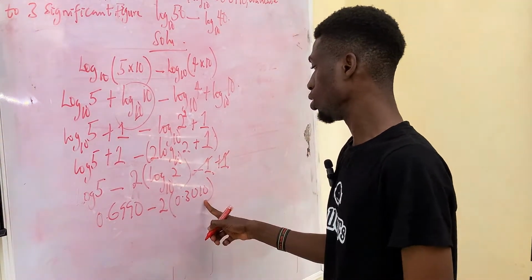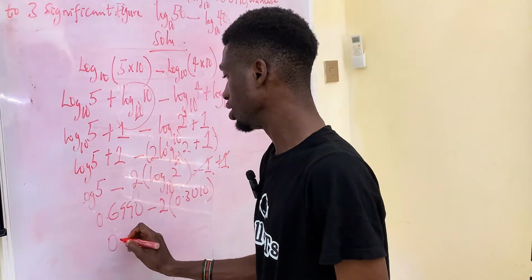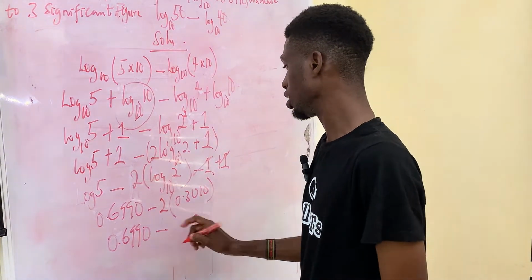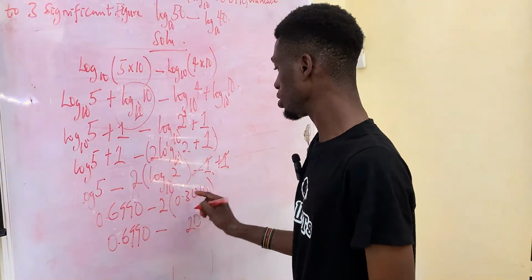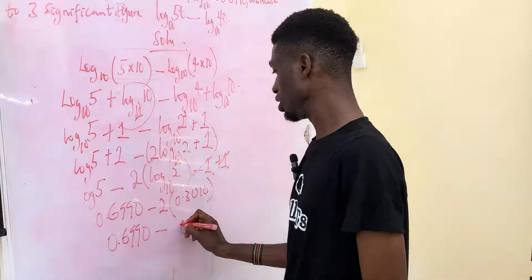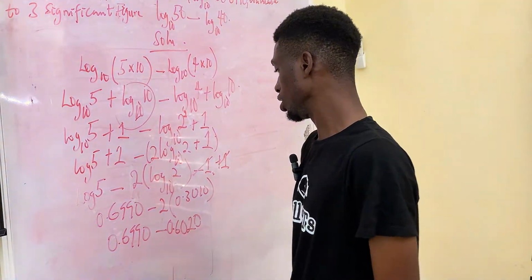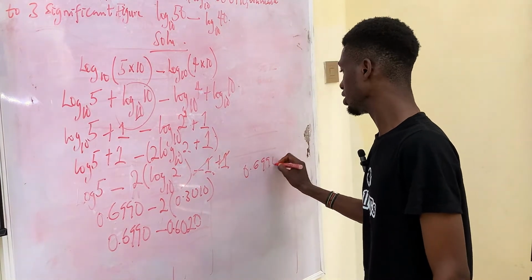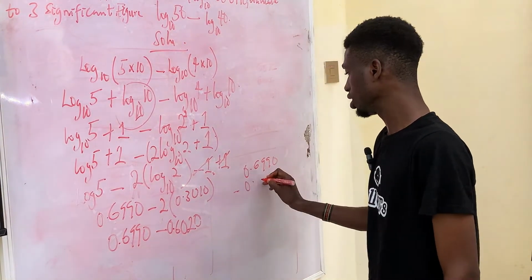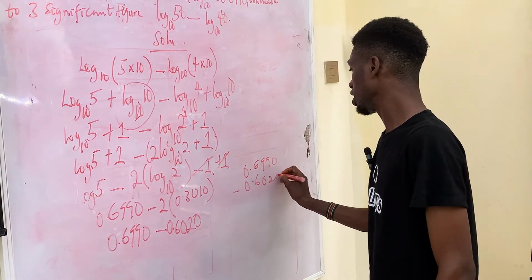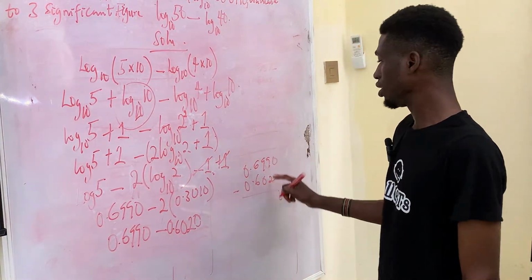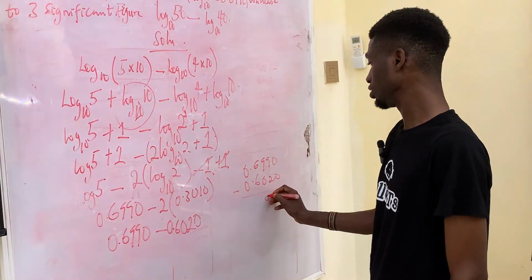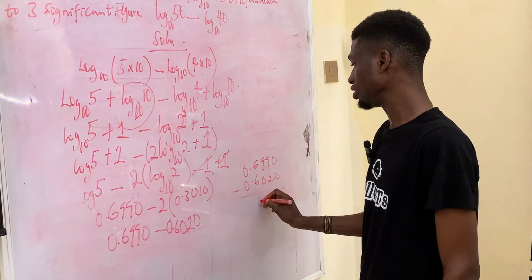So 2 is going to open this bracket, so I have 0.6990 minus 2 times 0.3010, which is 0.6020. Subtracting, you have 0.6990 minus 0.6020. 9 minus 2, you have 7. 9 minus 0, you have 9. 6 minus 6, you have 0.